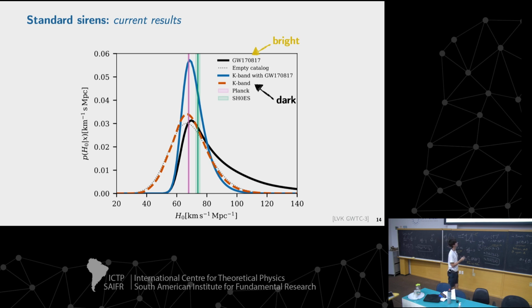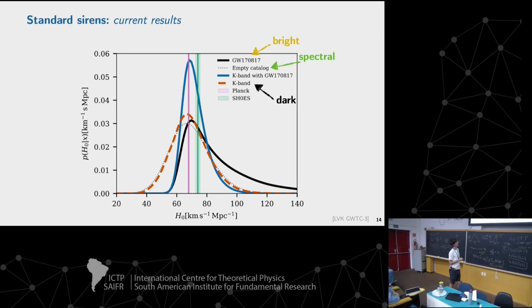And then the dark siren is this dashed line in orange, which has larger uncertainties. And then the spectral siren method is this dotted line over here.